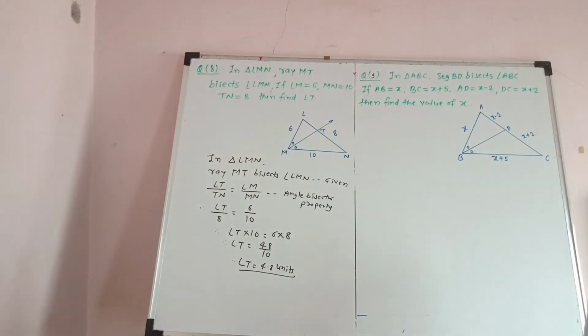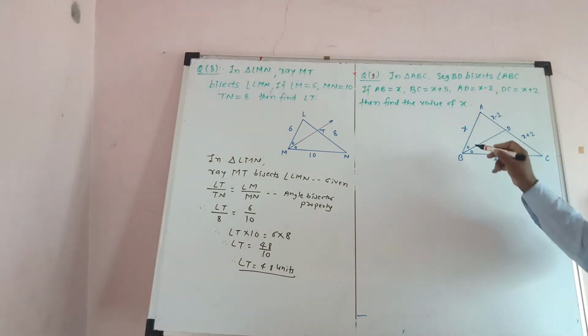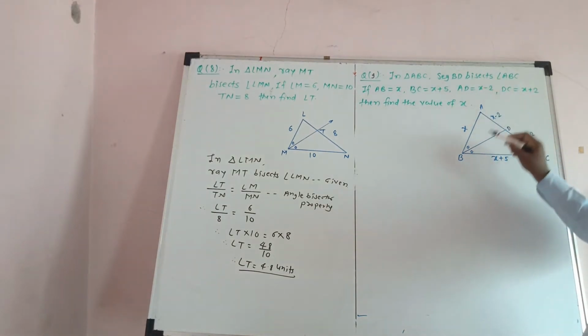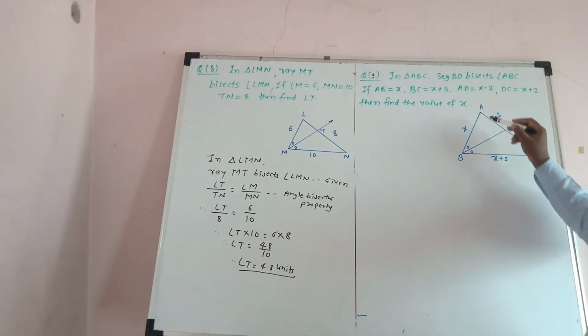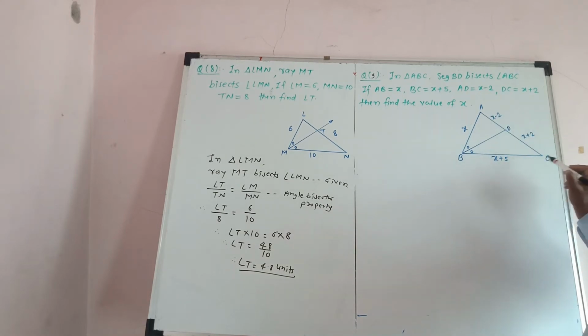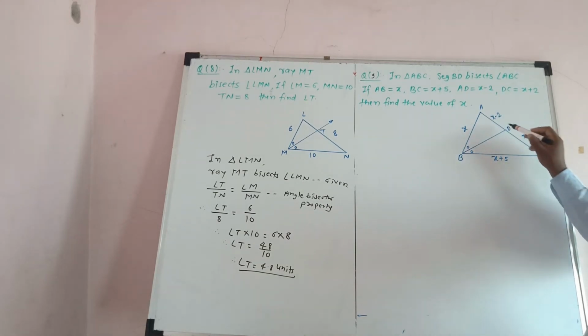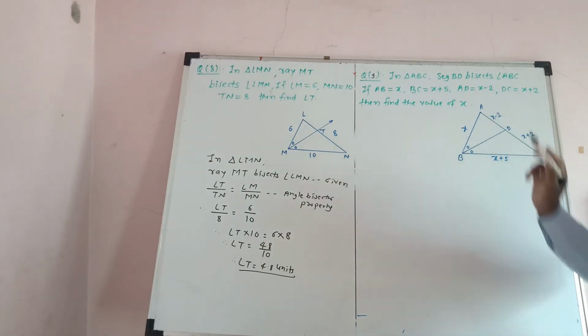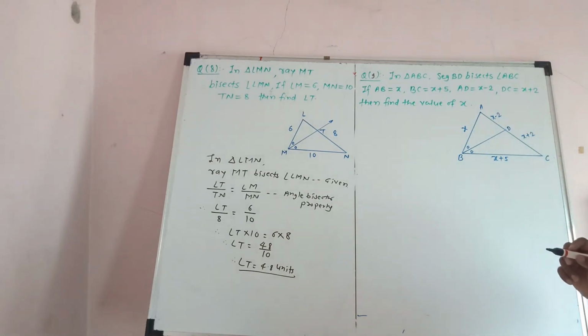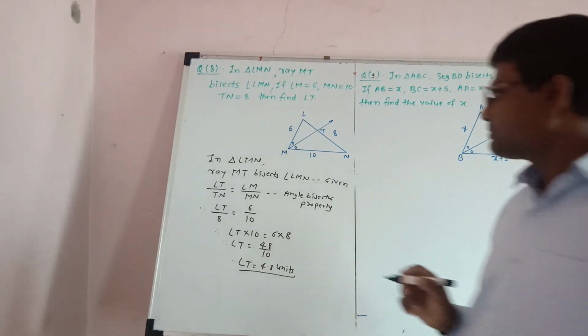Now question number 9. In triangle ABC, segment BD bisects angle ABC, and we have given value of AB x, BC x plus 5, AD x minus 2, and DC x plus 2, and then we have to find the value of x. Here also we apply angle bisector property.